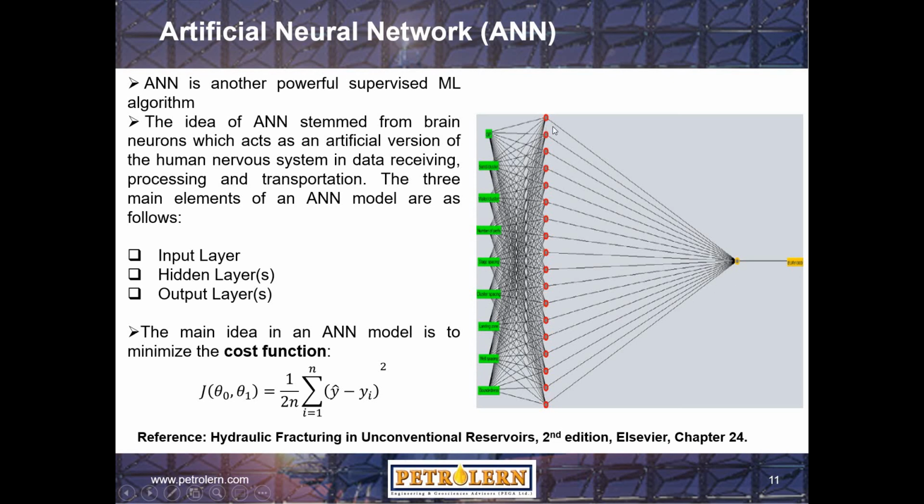So the idea behind this is each of these neurons that you see has a weight and bias. And you're basically changing the weights and biases of these neurons until this cost function is minimized. So let's just say I have a weight of x1, weight of x2, x3, and so on and so forth on these hidden neurons.